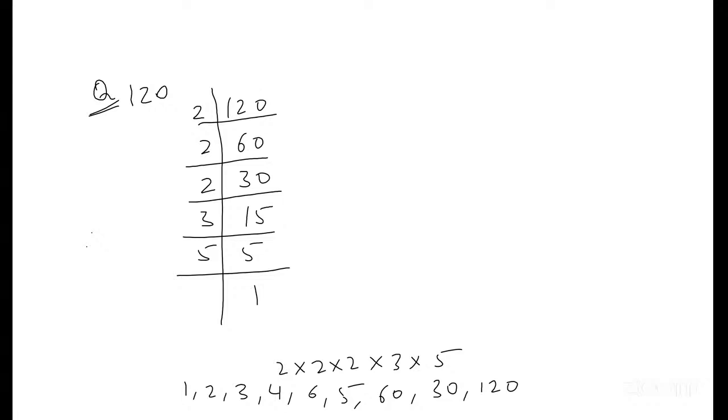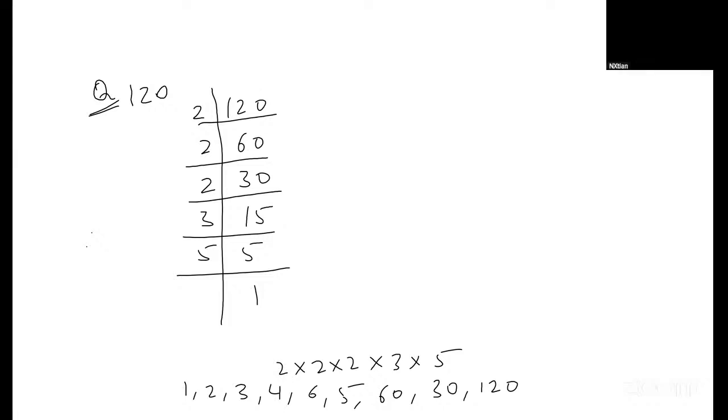Yes, Abraham, this is correct. 2 because 120 is even. 3 because 12 is divisible by 3. 4 is also there. Then 6 also. 5 also because it ends with 0.